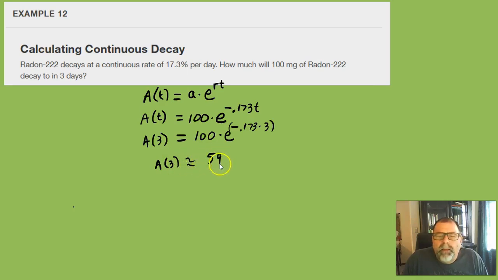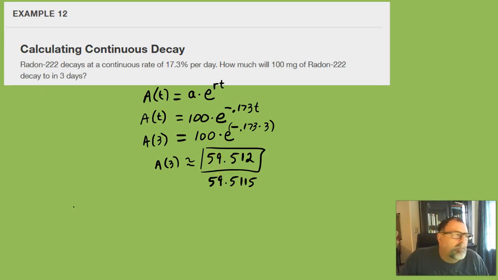So 59.512. And I said 3, and the book did 4. So if you look at the answer in the book, 59.5115. Same, you know. So 3 or 4 places. Typically I do 3, but again, it's up to you.